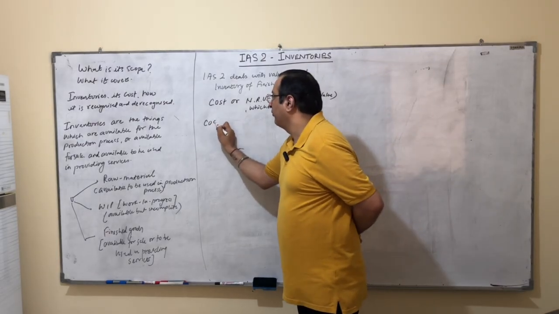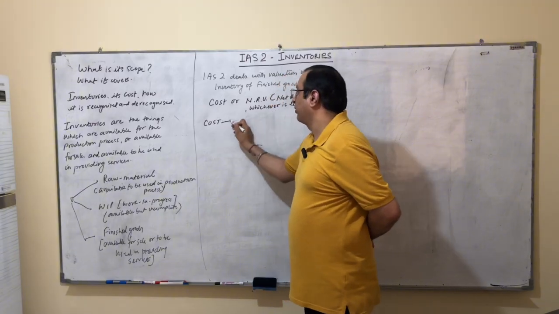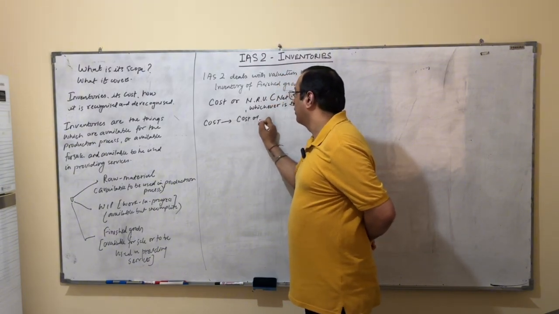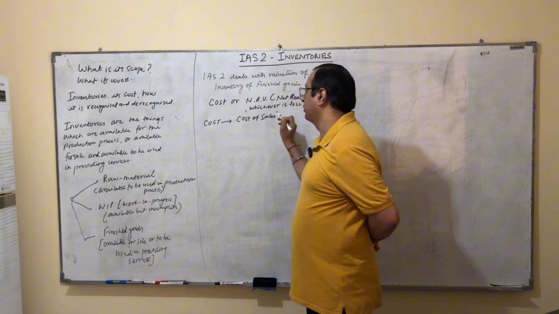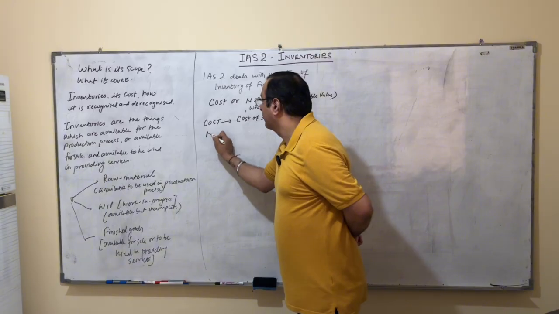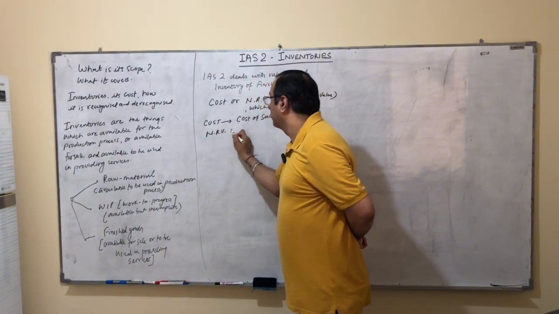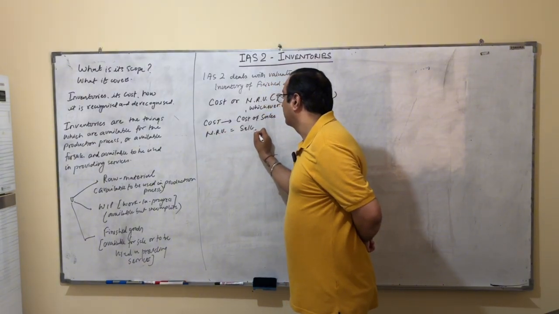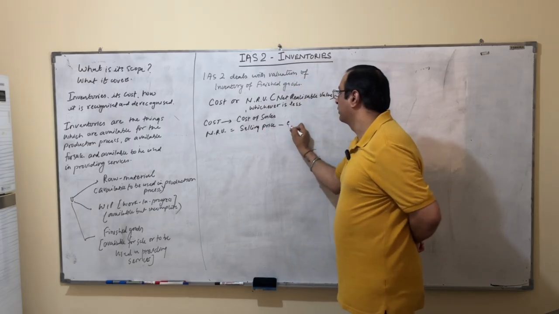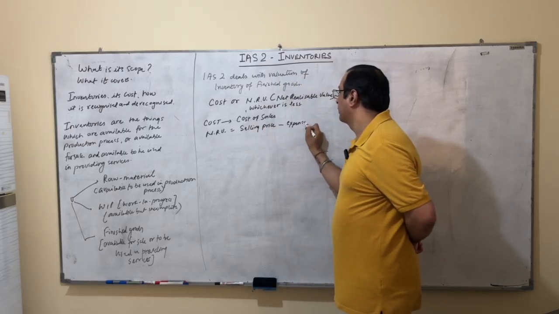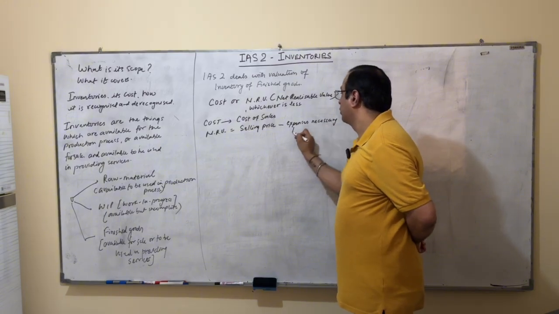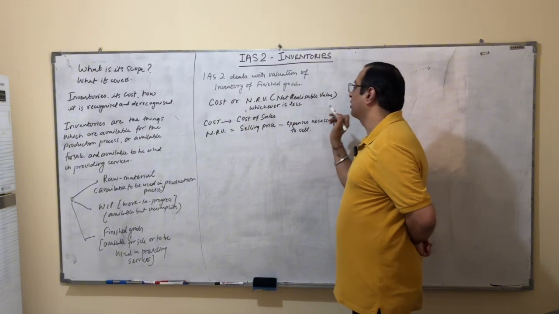What is cost here? Cost is nothing but what we calculated in the statement of profit or loss as cost of sales or cost of goods sold, right? And NRV is selling price minus expenses which are necessary to sell the goods, which we have to incur, right?